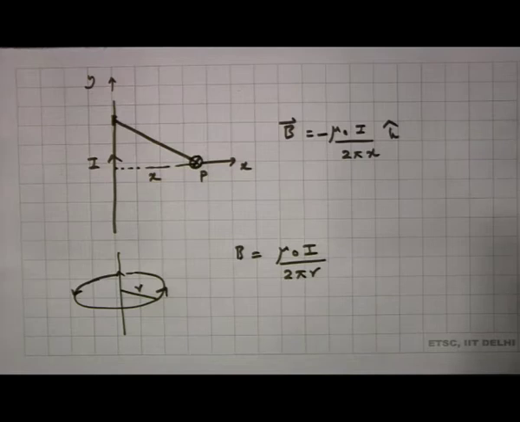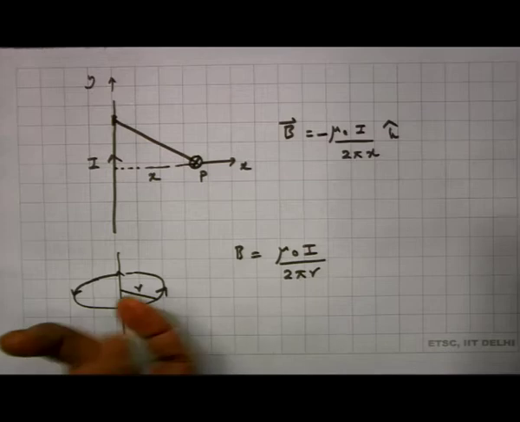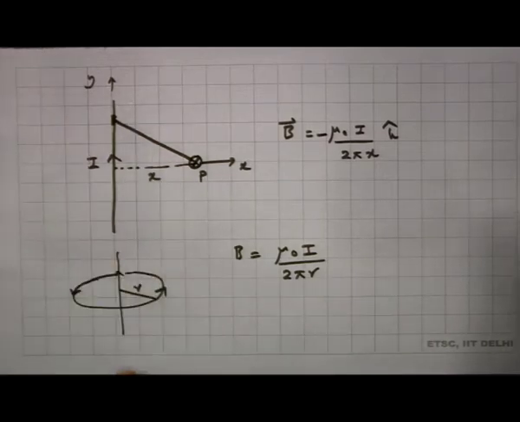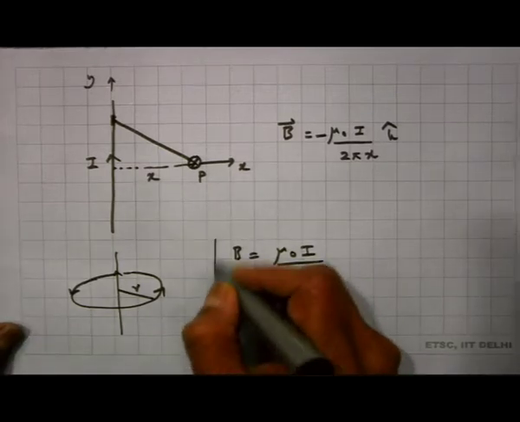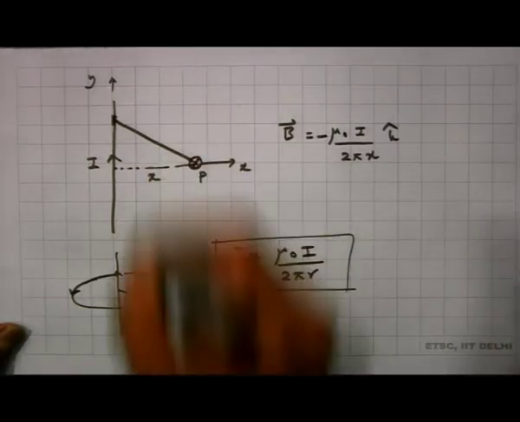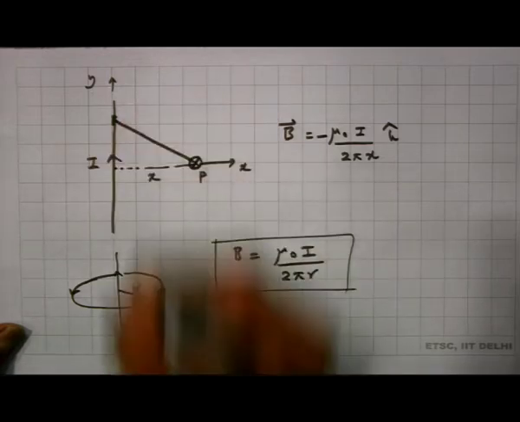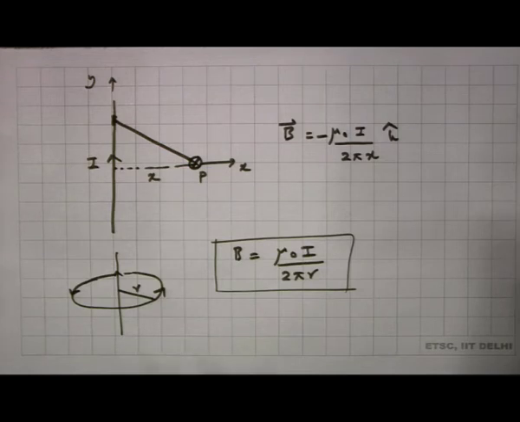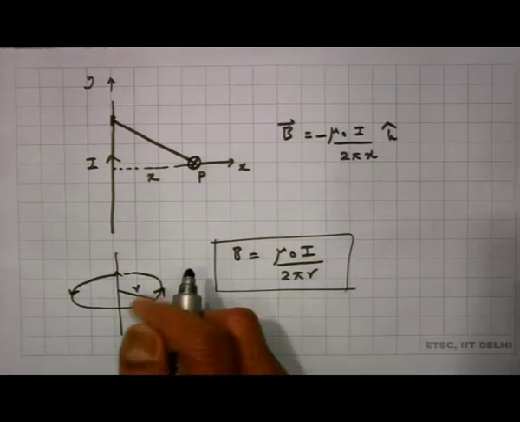Please note that if the current is going upwards, then with a right handed screw, if I move the screw in this direction, the screw will move up. So if the current is going upwards, the magnetic field has to curl around the wire like this. This magnitude is independent of the z axis along the length of the wire, independent of angle, and only depends on the distance of that point from the wire.